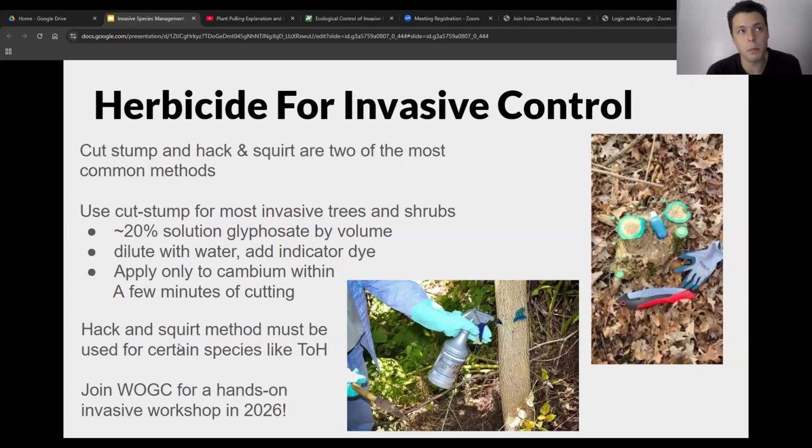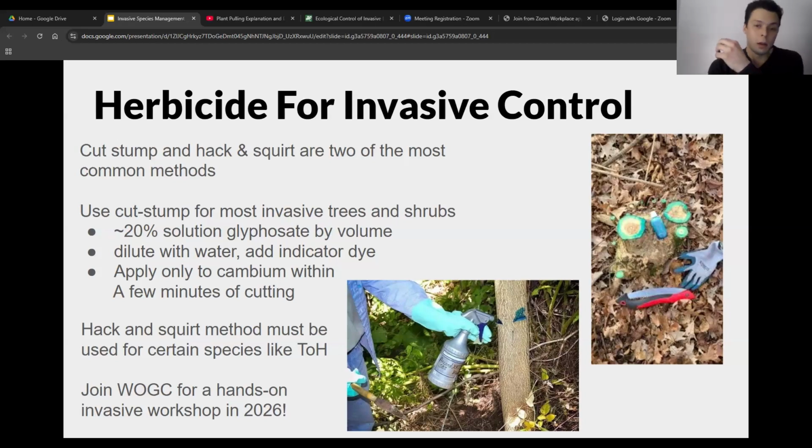So its mode of action is it acts like a substrate for an enzyme that helps plants with their growth. And it tricks plants, to be anthropomorphic about it, into thinking that it is that substrate. And a plant enzyme will bind to that instead of the actual substrate, and it will cause the plant to eventually stop growing and die.